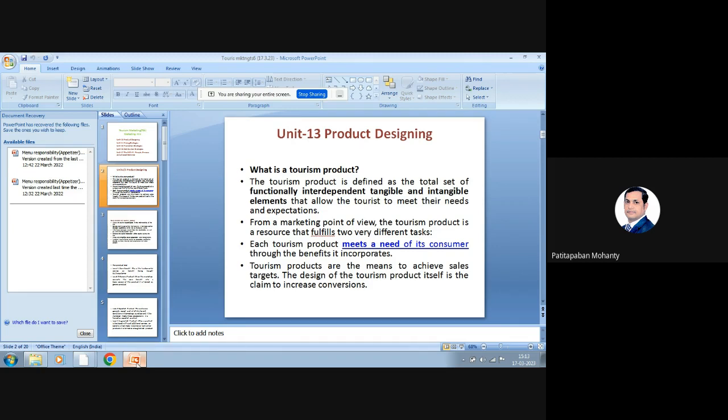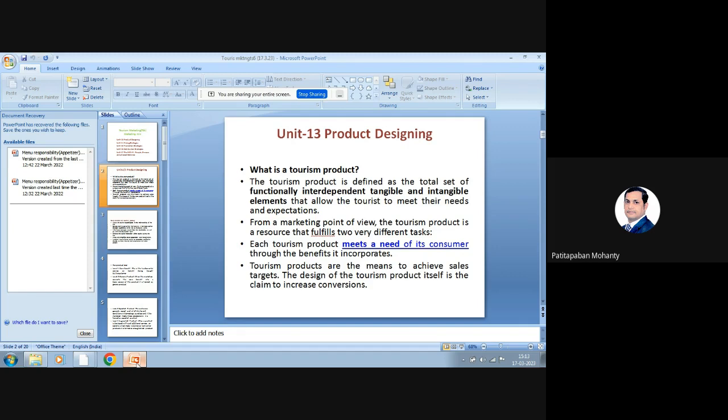But if you want to apply the same formulas in the travel and tourism industry, the product is actually the attraction. Product is attractiveness. It is how that product attracts the customers, and your customer is your tourist, traveler, or visitor to a particular destination.